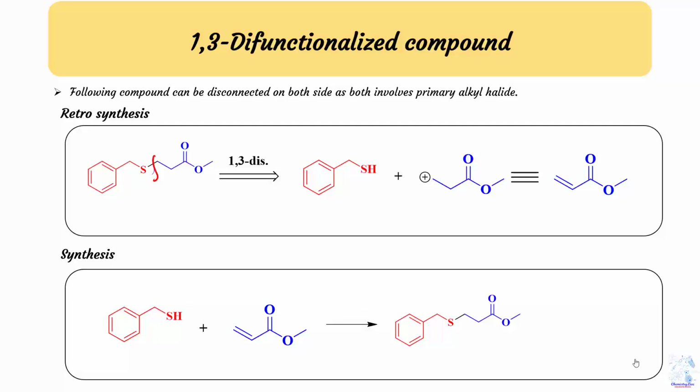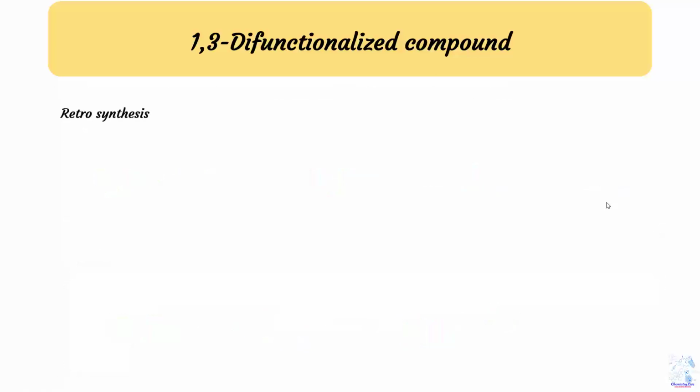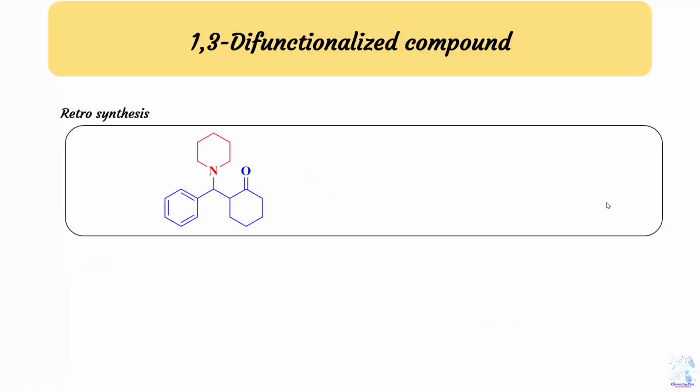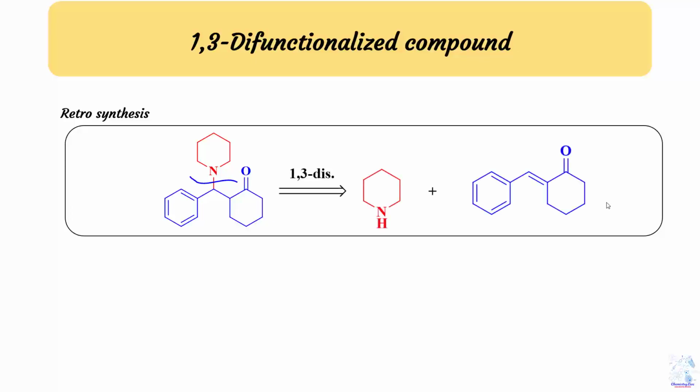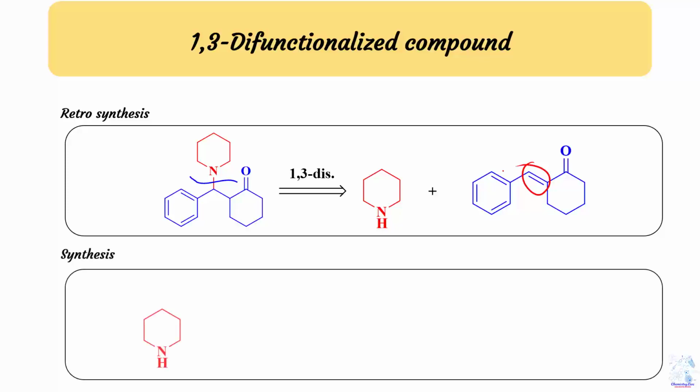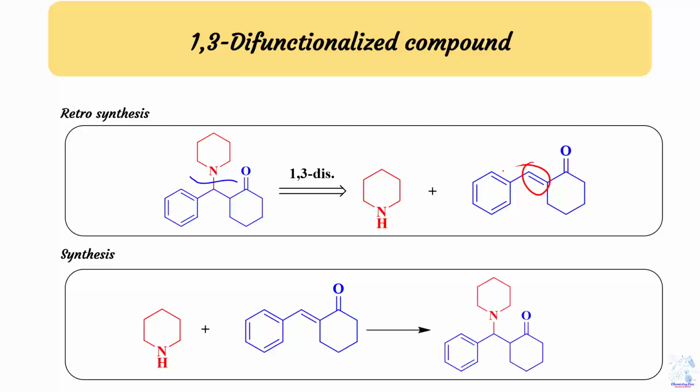So the last example of the 1,3-difunctionalized disconnection is as below. There is a unique cyclohexane derivative which is disconnected through that 1, 2, 3 the CN bond, and we will get that cyclohexane derivative having the alpha beta double bond. That compound reacts in such an easy manner, we will get our targeted molecule back.